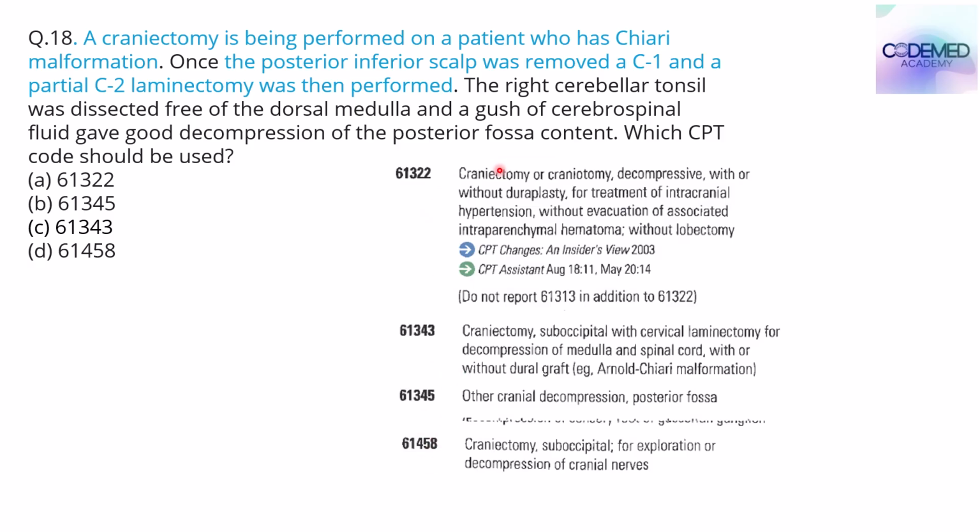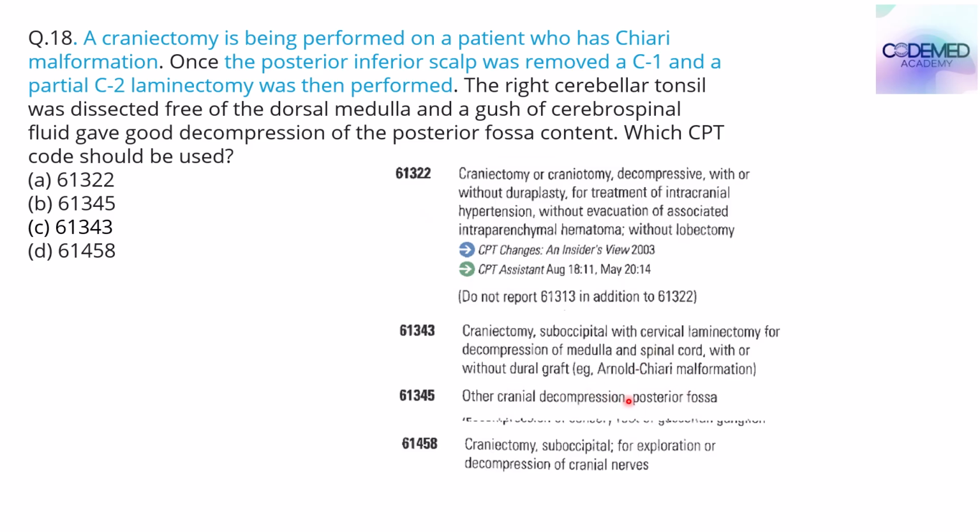So let us see. 322 is a craniectomy or craniotomy, decompressive, with or without duroplasty, for the treatment of intracranial hypertension, without evacuation of the associated intraparenchymal hematoma. 343 is a craniectomy, suboccipital, with cervical laminectomy for decompression of the medulla and spinal cord, with or without dural graft.